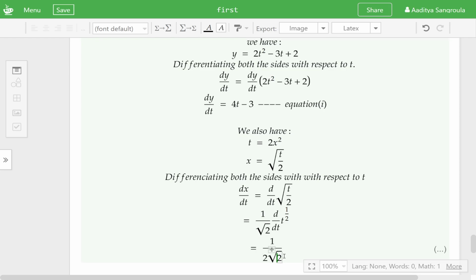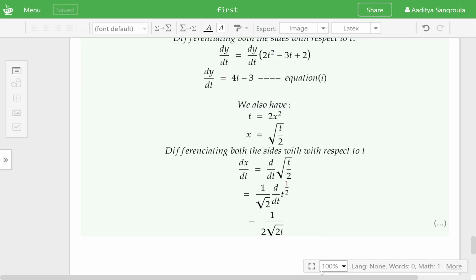So dx over dt would be 1 over 2 root 2 times 1 over root t. And now that would be called equation 2.